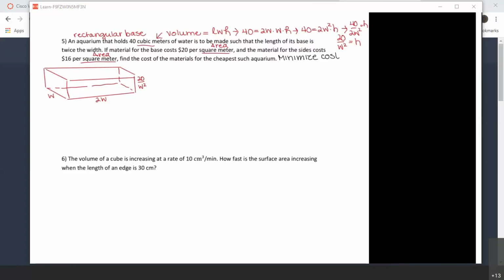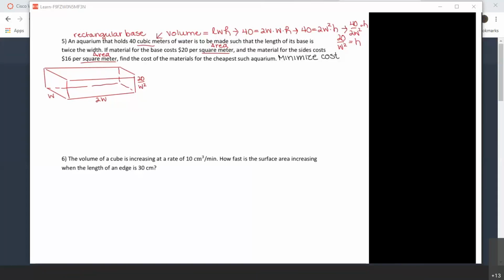Well, is the cost dependent on the volume of this aquarium? What are the costs given in? They're dollars per what? Square meter.